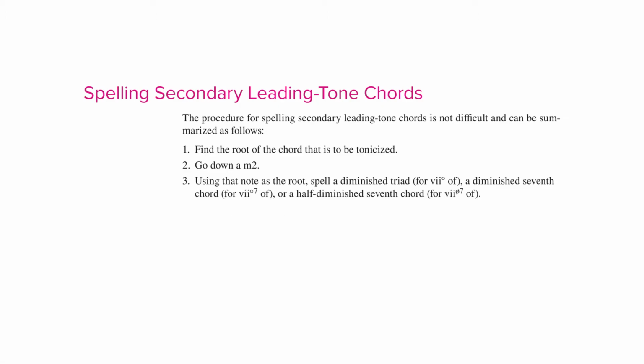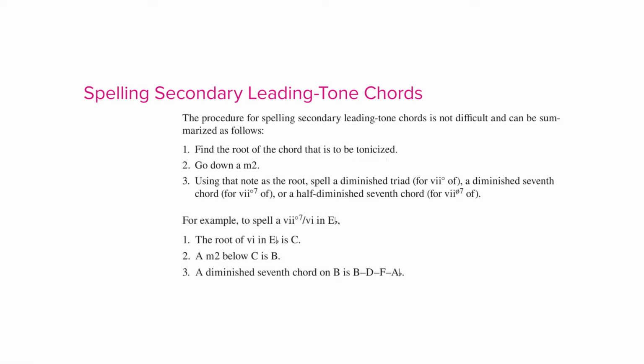If you have difficulties with spelling secondary leading tone chords, you can use this three-step method. First step, take the root. Find the root of the chord that is to be tonicized. Here is an example.